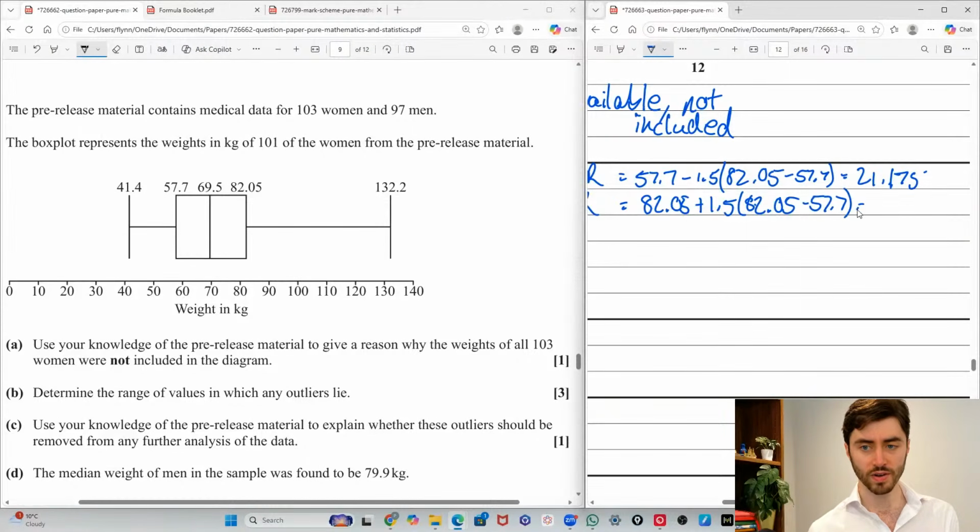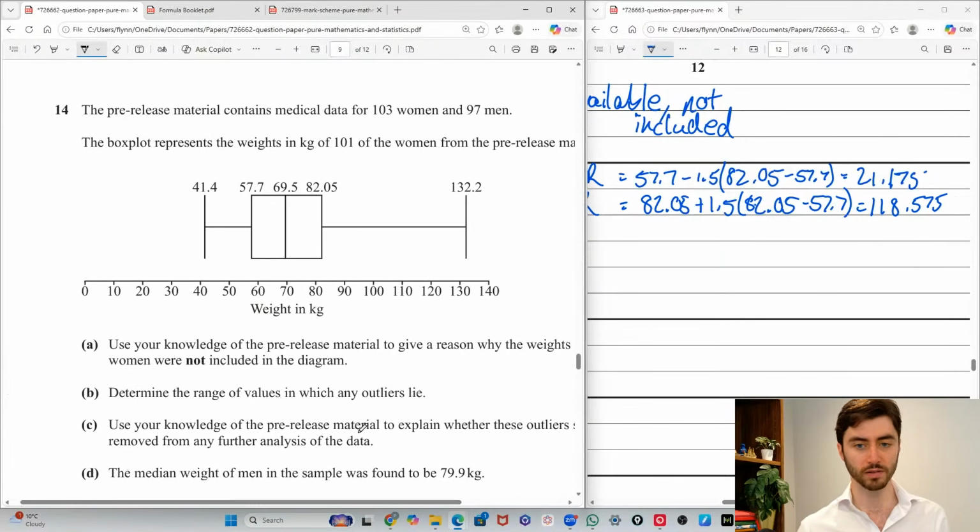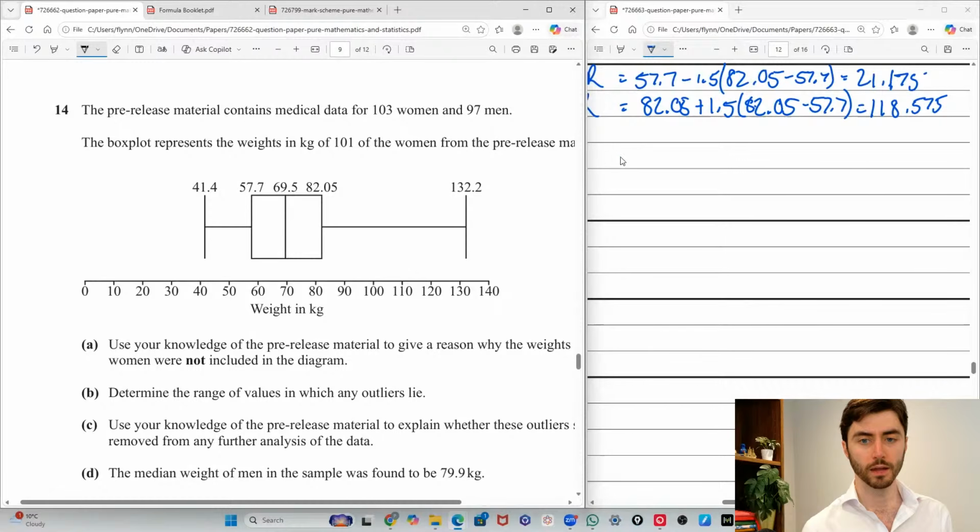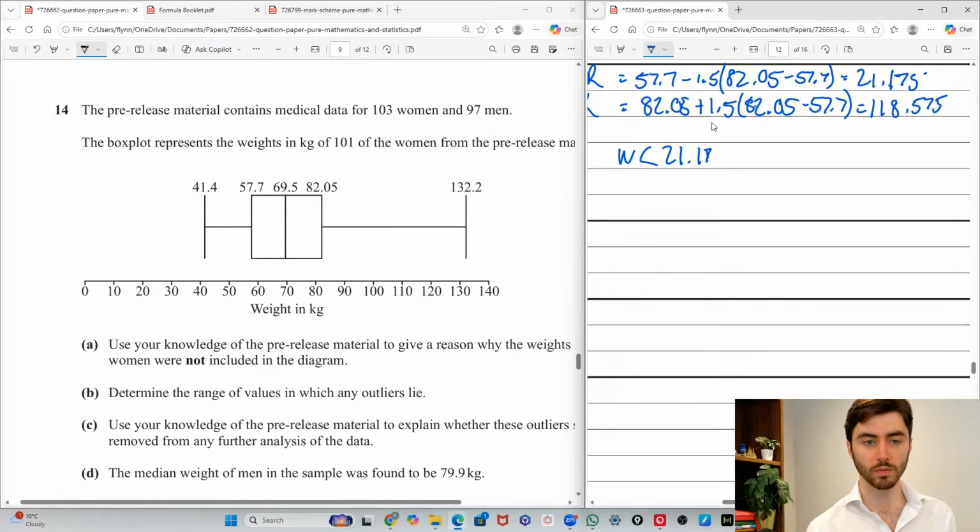If I run that in the calculator, I will get obviously a much bigger value of 118.575. So I think the outliers lie in the region of the weight being less than 21.175, which is obviously impossible because you would be dead, or the weight is bigger than 118.575.